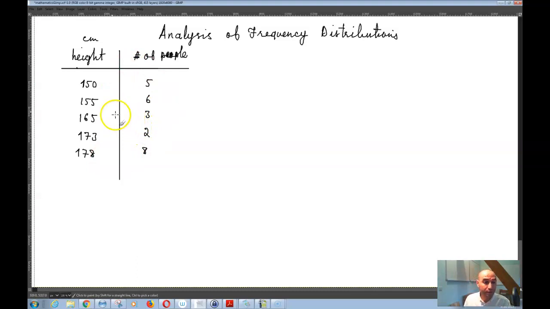Now, with this data, suppose that you calculate the measures of dispersion of data that we had.